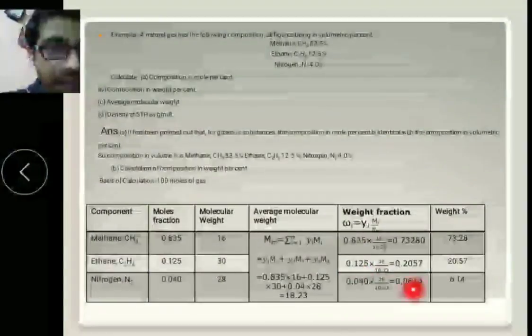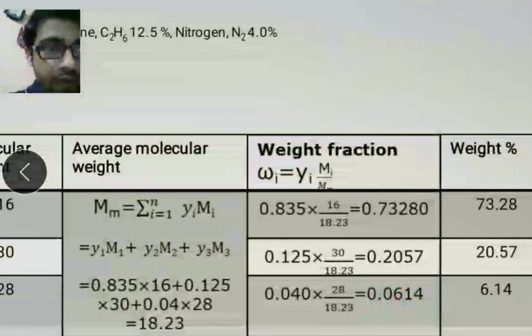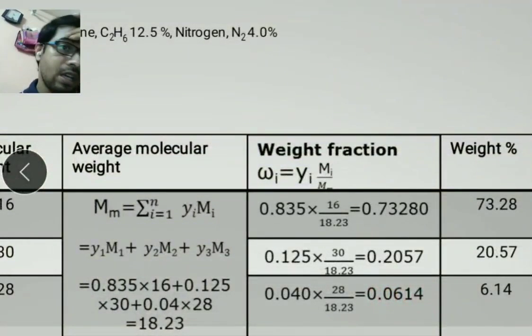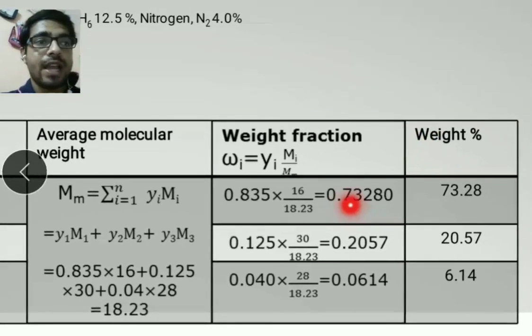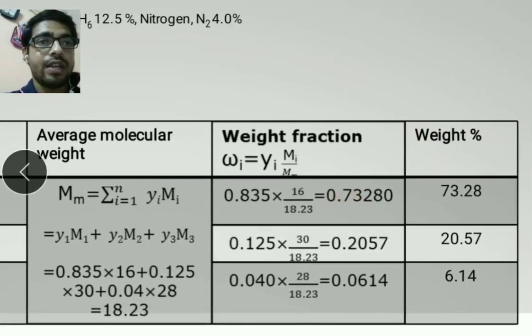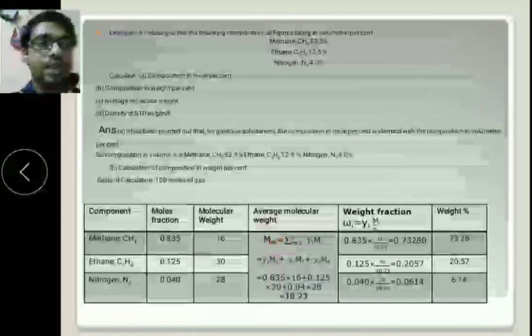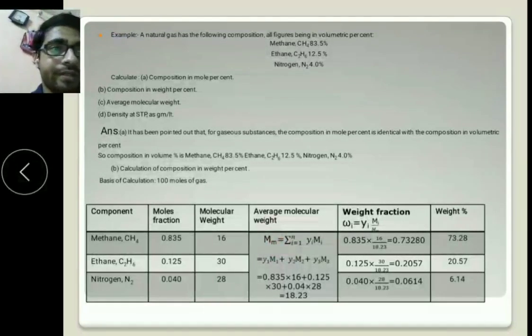Putting in the values, the weight fraction for methane is 0.728, ethane 0.2057, and nitrogen 0.0614. For weight percentage we multiply by 100 and get 73.28, 20.58 and 6.14, right? Okay, so next page.